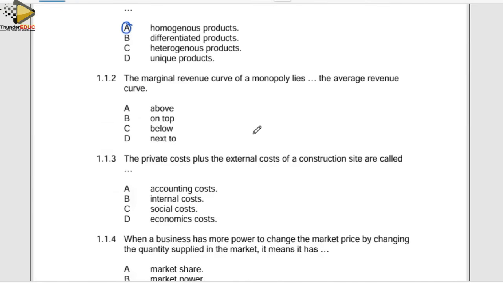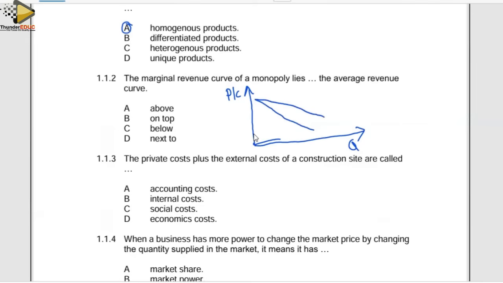Right. We move to question number 1.1.2. It talks about the marginal revenue curve of a monopoly and the average revenue, a comparison of the two. If you still remember, when we draw our revenue curves, this is our vertical axis to represent the price or the cost, and this is our horizontal axis for the quantity. So our graphs look downward sloping, both of them.